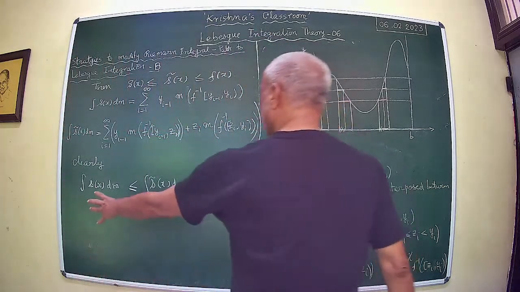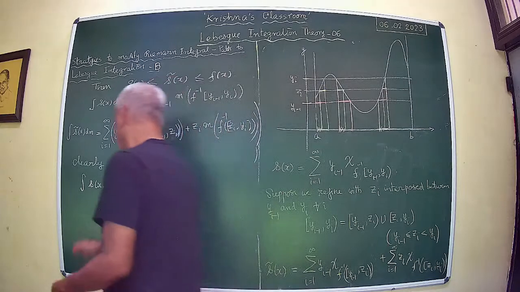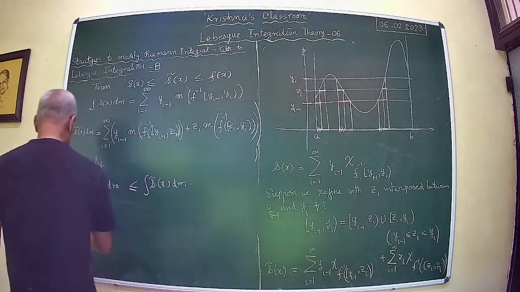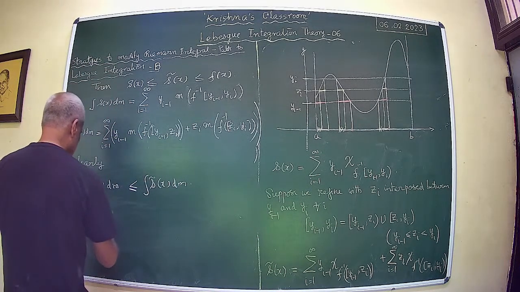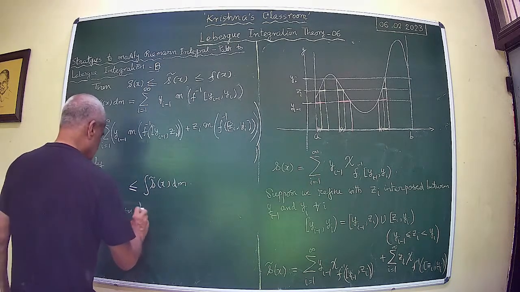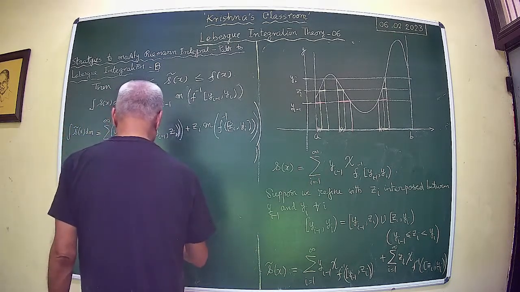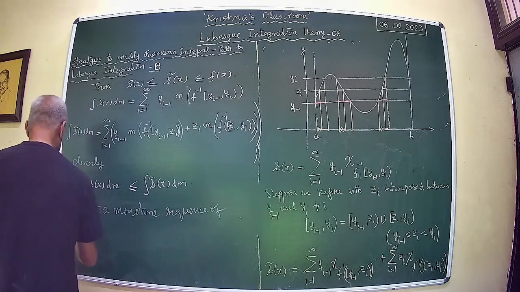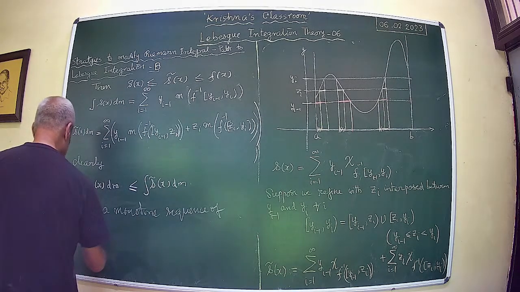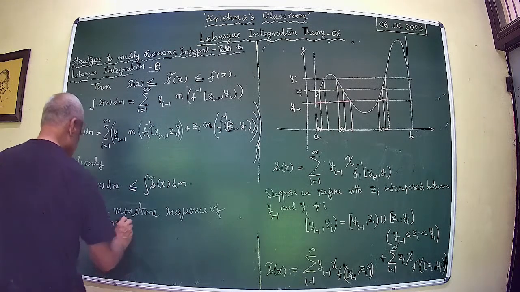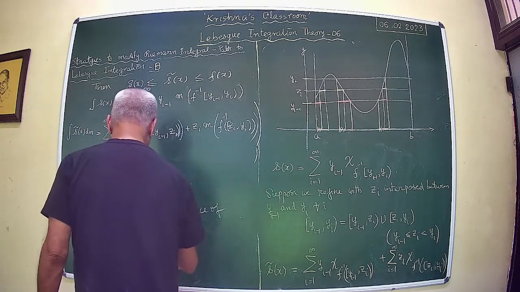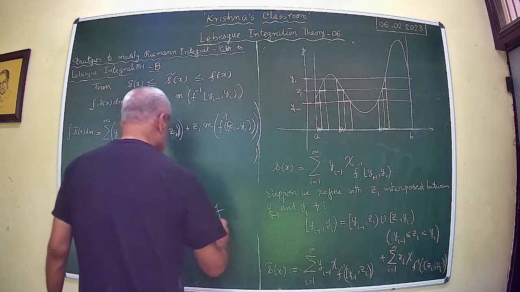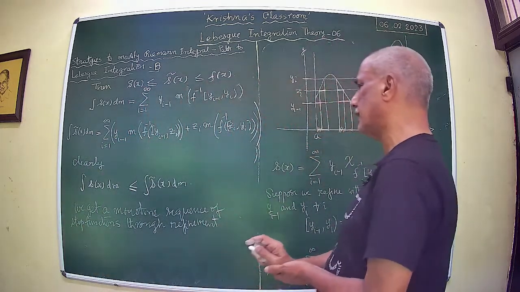Therefore, through refinement, you can get monotone step functions, and it is bounded above either by the integral or this.